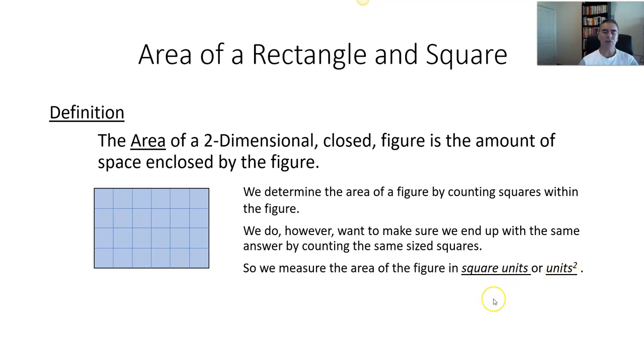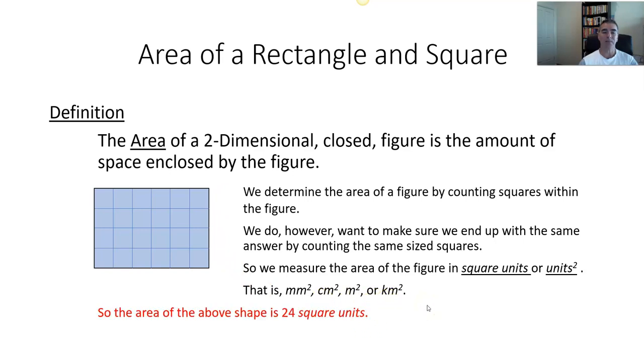Normally we don't just talk about units, we talk about whether it's square millimeters, square centimeters, square meters or square kilometers. For those who use imperial measurements, you'll be talking about square inches and square feet, etc. Here we're looking at whatever measurements we have, and that way we get the right answer.